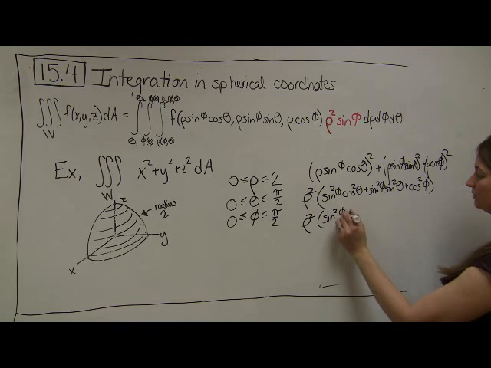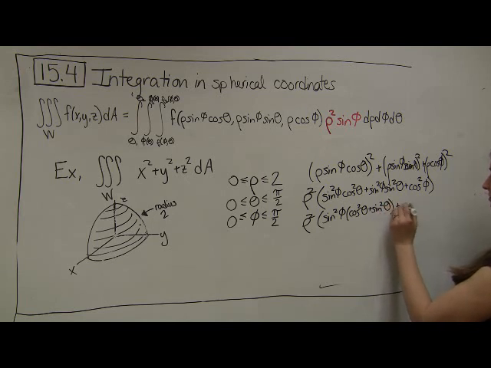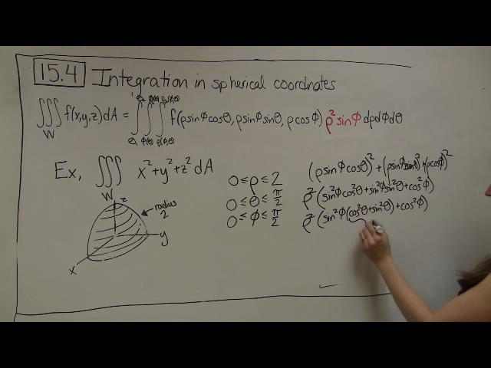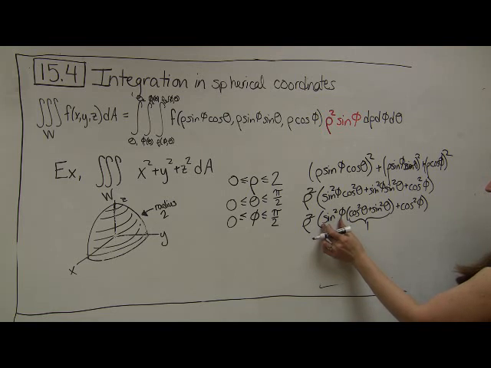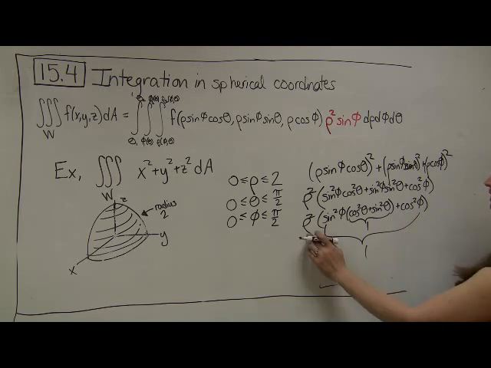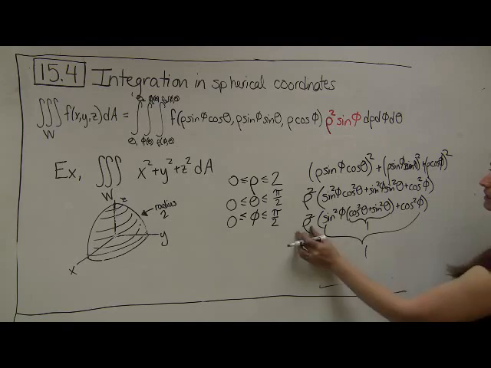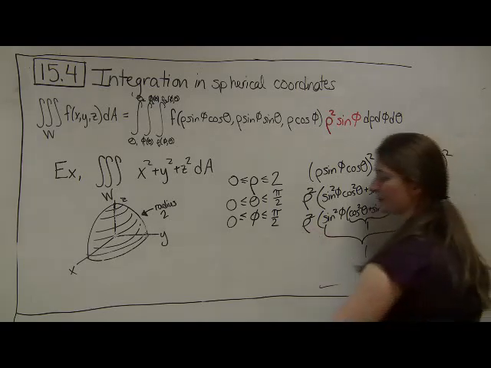I have a sine squared phi times cosine squared theta plus sine squared theta, plus cosine squared phi. This chunk, the cosine squared theta plus sine squared theta, is just going to be equal to 1. So on the interior, I'm left with sine squared phi plus cosine squared phi, which is also just equal to 1. So I get what I thought that I would get, that all of these sines and cosines cancel out, and we end up with just a rho squared.